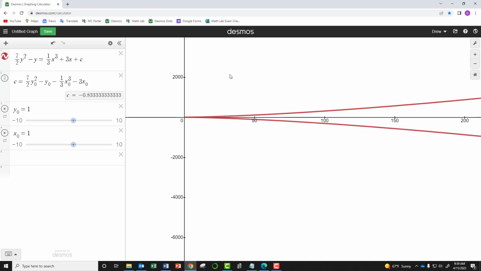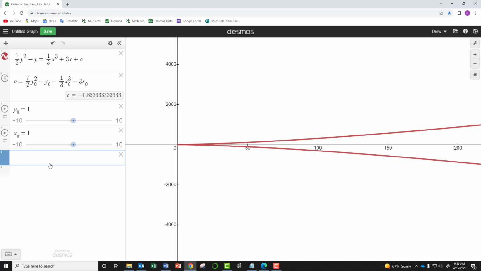And then I'm going to add sliders for x and x0. And the last thing I like to do on Desmos is throw in an x0 comma y0 point, so that way I can grab this point and move it around.